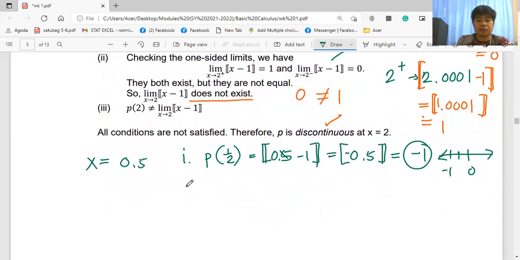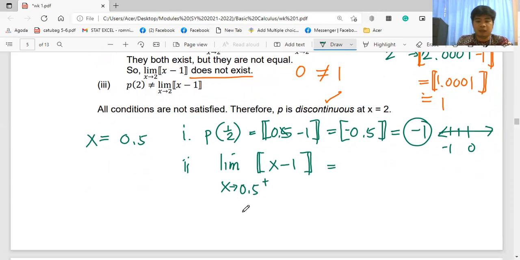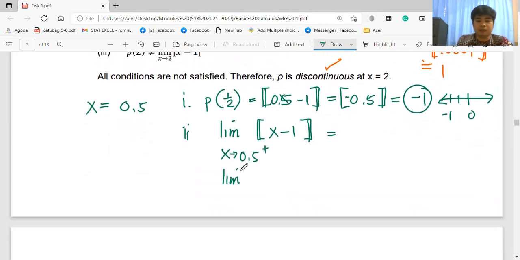Now, if we are going to check the two-sided limit, first check the right limit of the greatest integer of x minus 1 as x approaches right of 0.5, and the greatest integer of x minus 1 as x approaches left of 0.5.